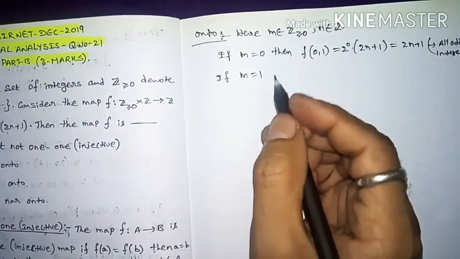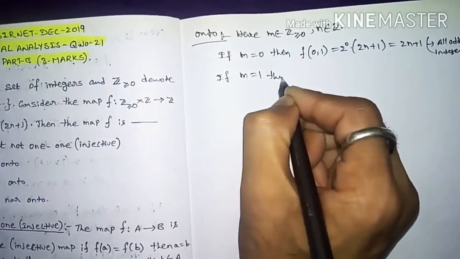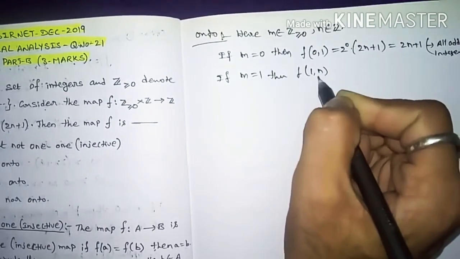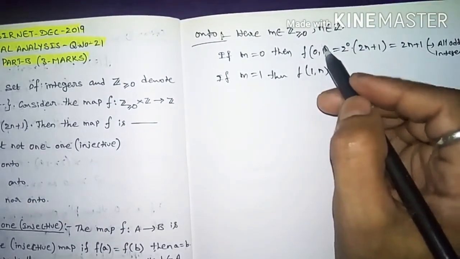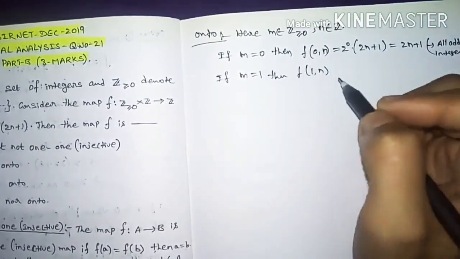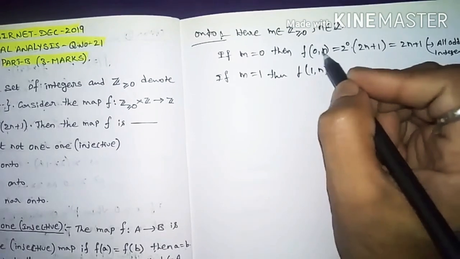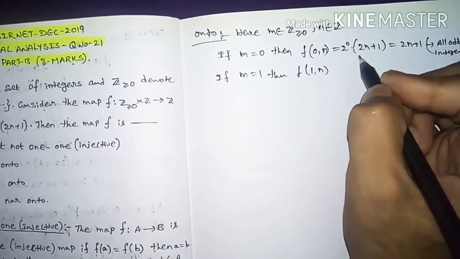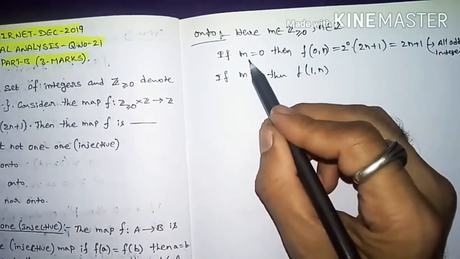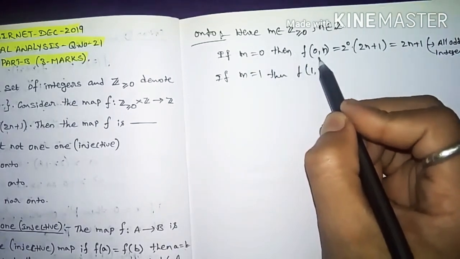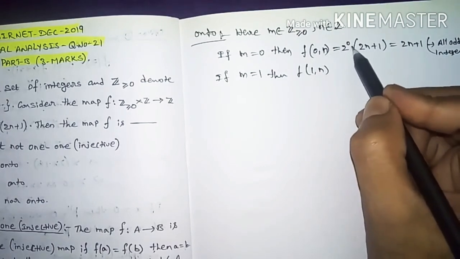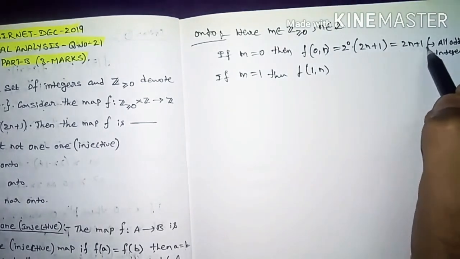If m is equal to 0, then f(0, n), because the definition is f(m, n) is equal to 2 power m into (2n plus 1). So by using the definition, if m is equal to 0, then we have f(0, n) is equal to 2 power 0 into (2n plus 1). 2 power 0 value is equal to 1, so we have 2n plus 1.